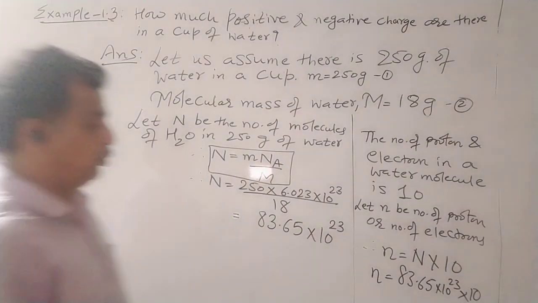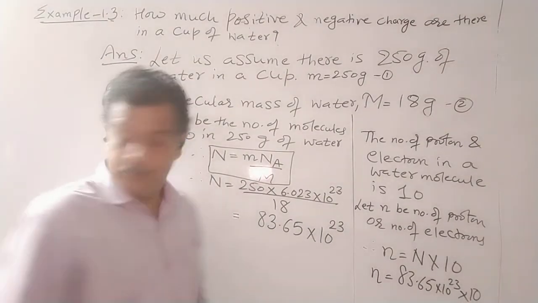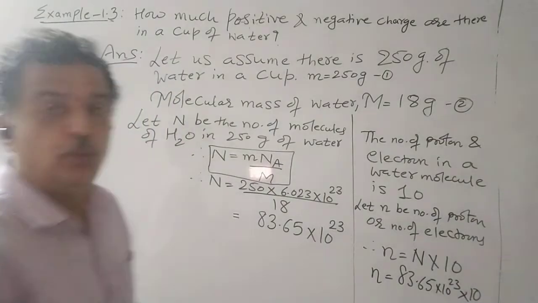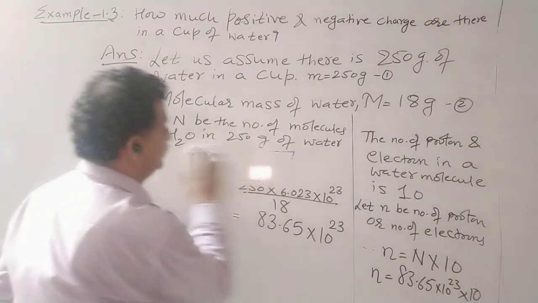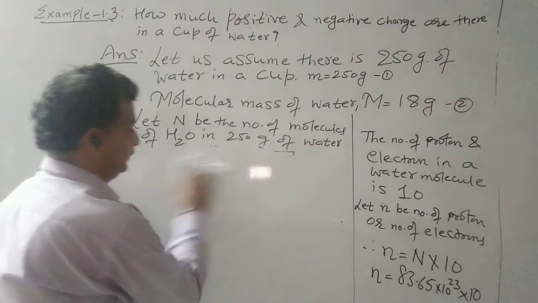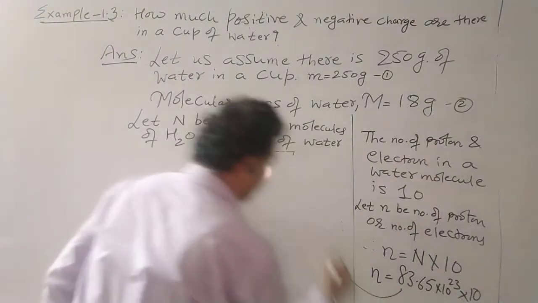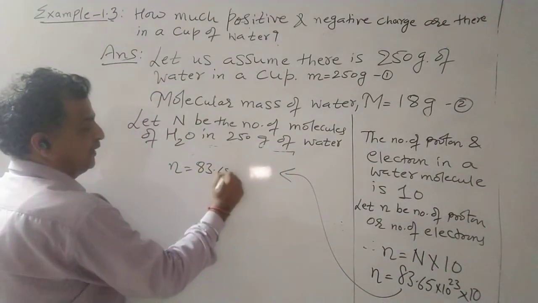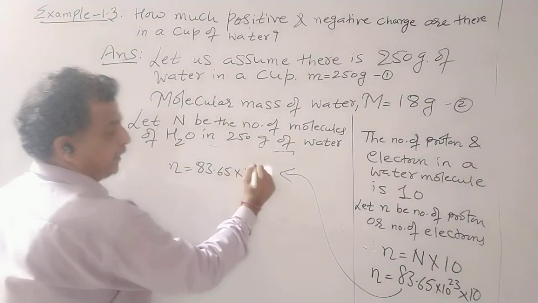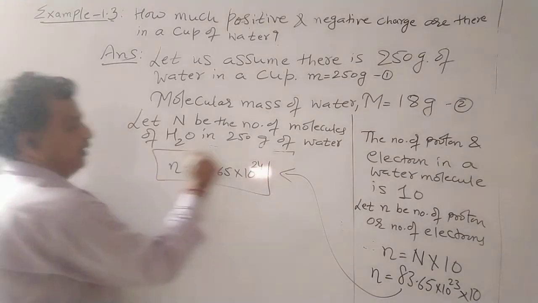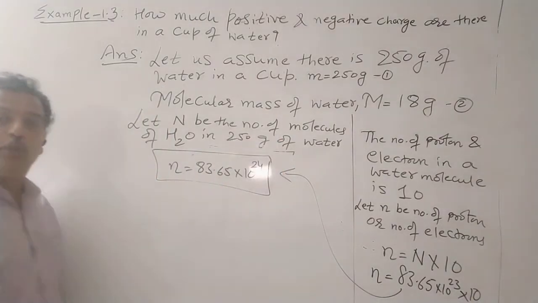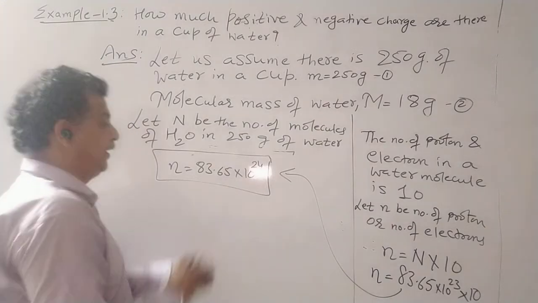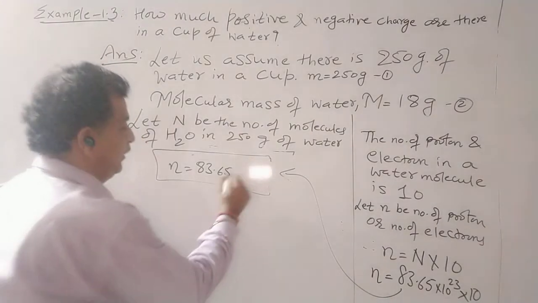So this comes out to be 83.65 into 10 raised to 24. So from here I am writing small n is equal to 83.65 into 10 raised to 24. Now this is the total number of protons or total number of electrons.